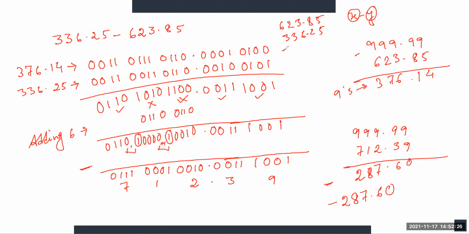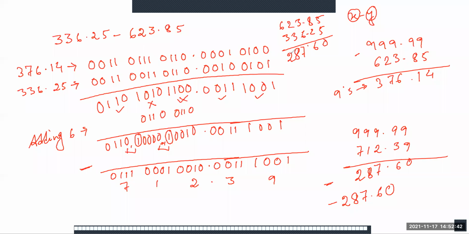So here this is 0, this is 6, 13 minus 6 means 7, 1 in hand, so 12 minus 4 means 8, again in hand, so 6 minus 4 means 2, and this is minus.